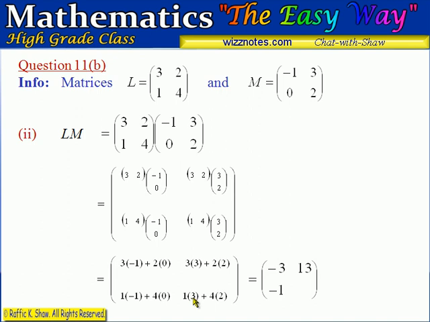So let's show that: 1 multiplied by 3 plus 4 multiplied by 2. And when we do this calculation, that's 3 plus 8. The result here is 11. And so the product of the two matrices, L multiplied by M, the result is -3, 13, -1, 11. And that's the answer for question 11B, part 2.